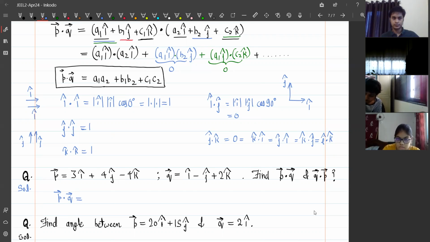3 I cap minus 4 J cap minus 8 K cap. See, I dot I, the value is 1, so we don't write I cap. So it's just 3 minus 4 minus 8. That is minus 9.